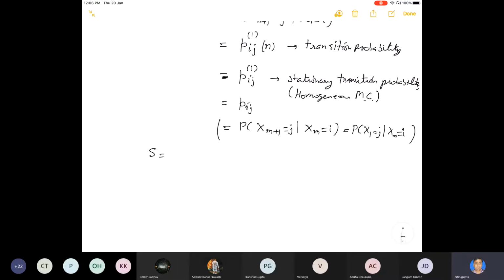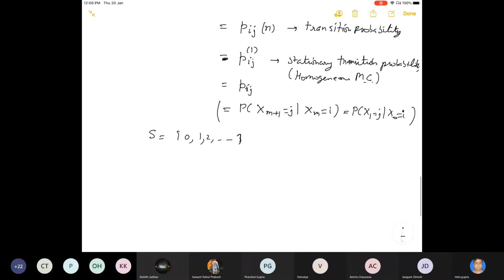Now let us say that the state space contains the elements 0, 1, 2, and so on. What is the stationary transition probability? This is the probability that Xn+1 is equal to j given Xn is equal to i.